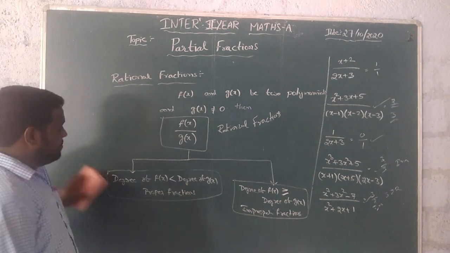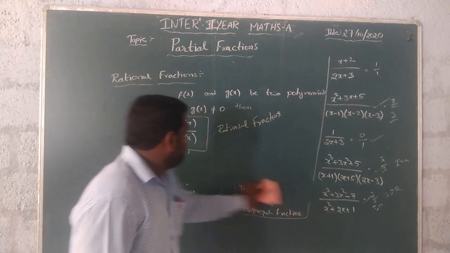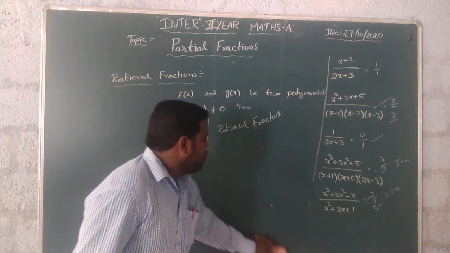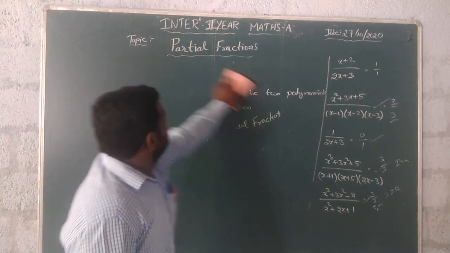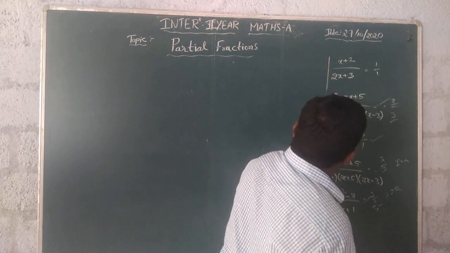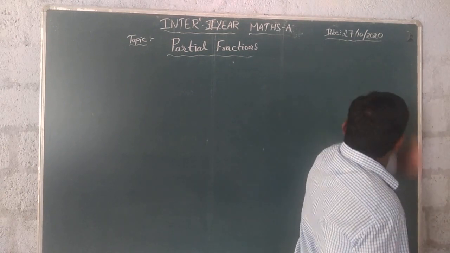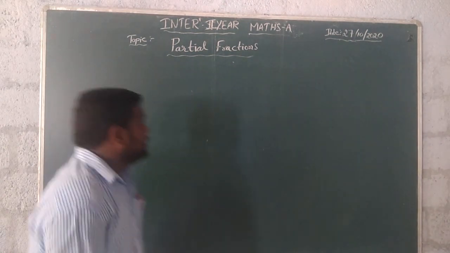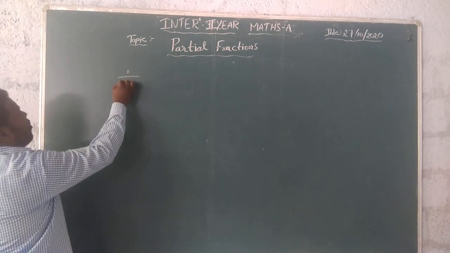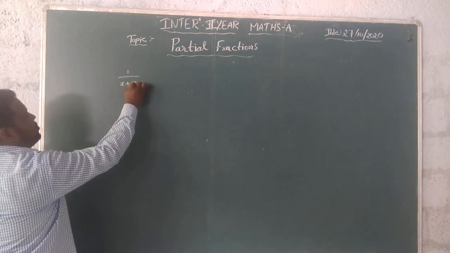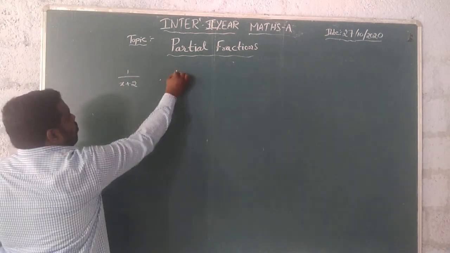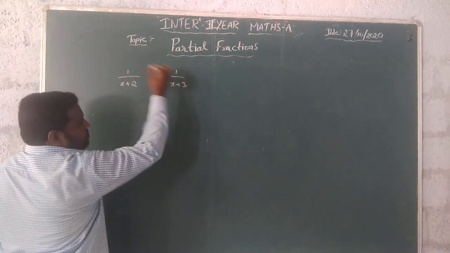Okay, next one. Proper, improper fraction. Okay, next: 1 by x plus 2, 1 by x plus 3.